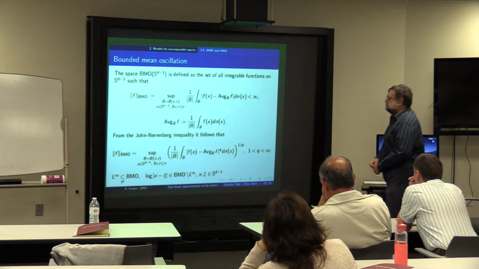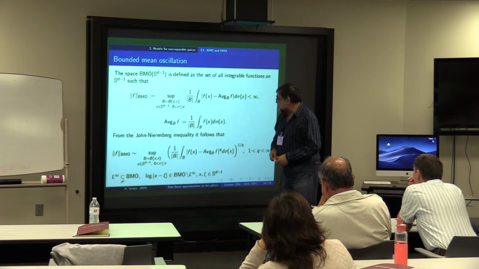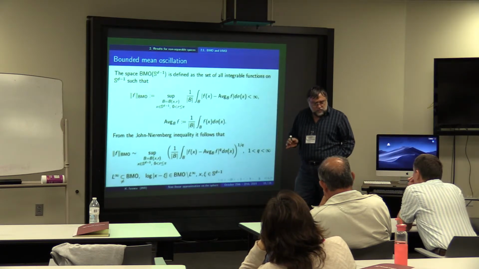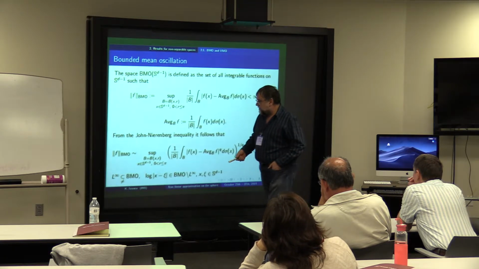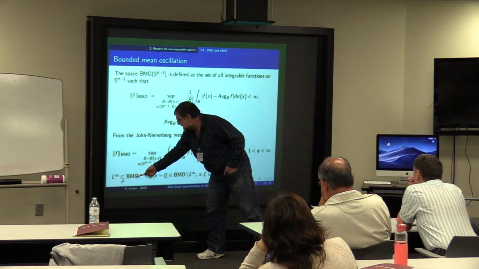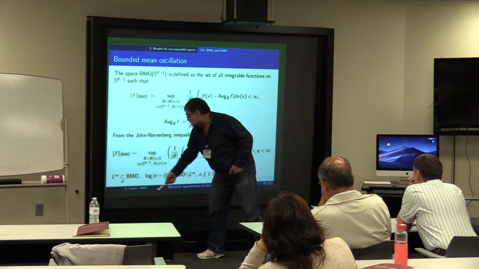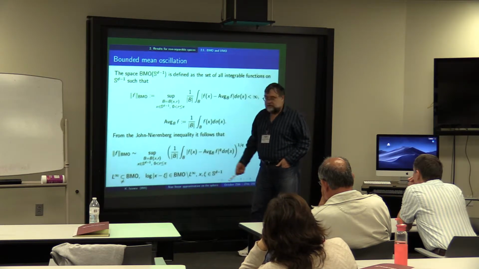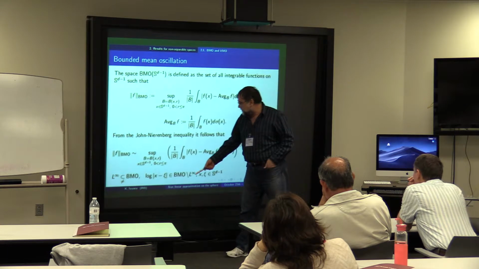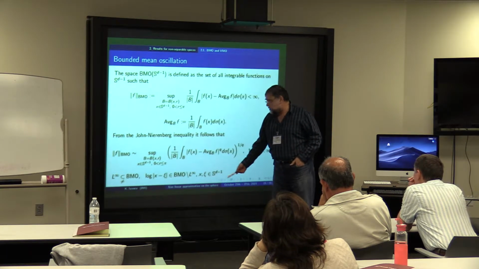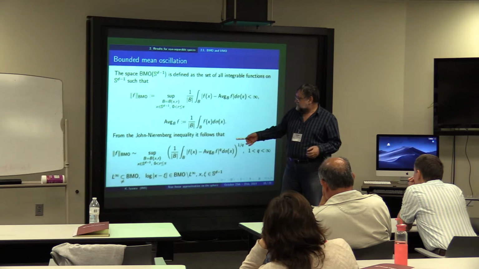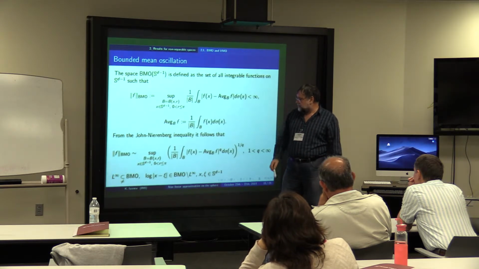Now, BMO is something very close to L infinity, but it is not L infinity. In fact, L infinity is embedded in BMO, but it is not equal. The most important example is the logarithm of the absolute value of x minus x_c, where both x and x_c belong to the unit sphere. Say x_c is fixed, x is running on the sphere.